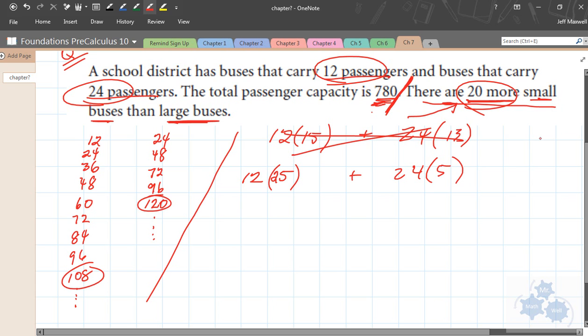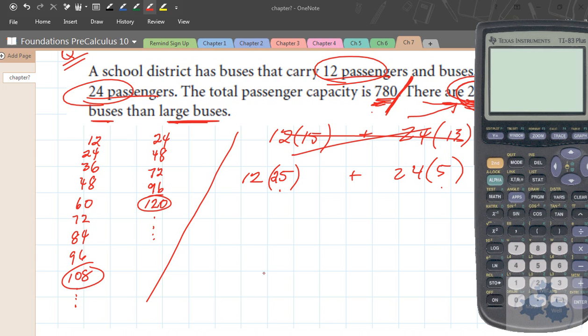Okay? So to fast track things here, if you take into consideration the second part, you can do your trial and error by making sure that the number of small buses is 20 more than the number of large buses. So what does this work out to? Does this give us an answer that we like here? How close are we?